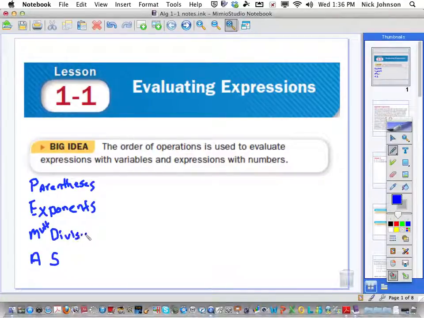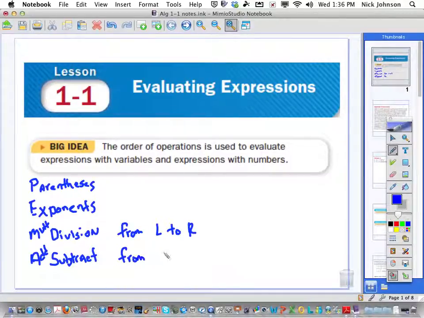Now, the reason why they are on the same line is because you're going to do multiplication and division from left to right. And then we have our last two, which is addition and subtraction, which is also on the same line, and you do these from left to right as well.